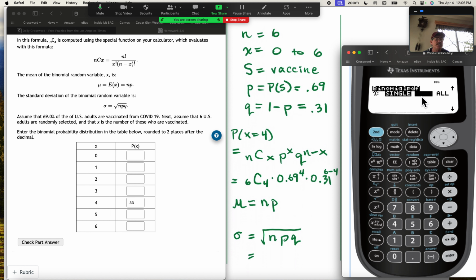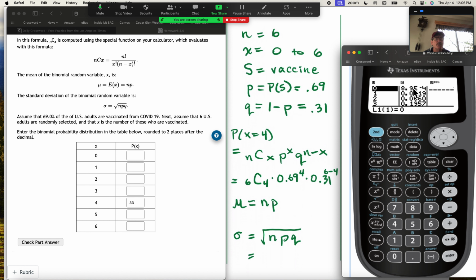If you hit list and enter, you have to tell it how many trials there were. There were 6 trials, and the probability of success was little p, that's 0.69, like that. And then the values for x we put in L1, so you have to load those in advance, the 0 through 6 for x. And then it'll output the probabilities to list 2. So that's pretty cool.